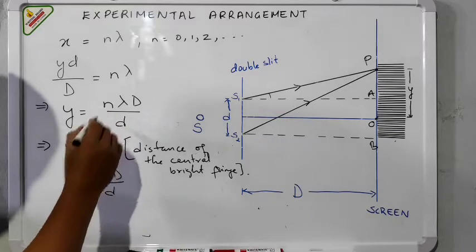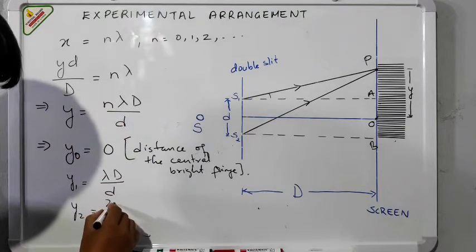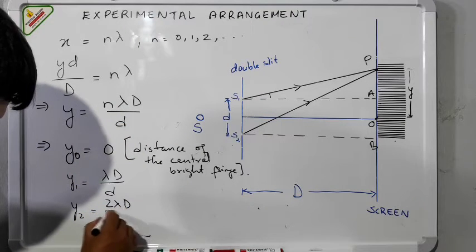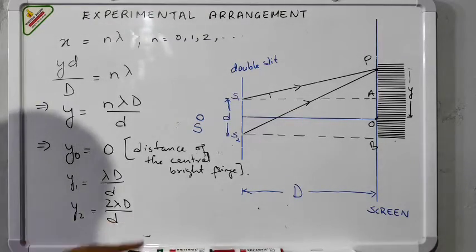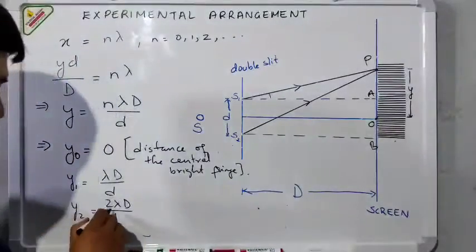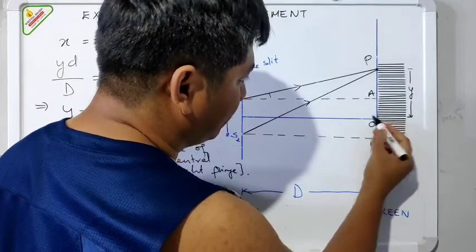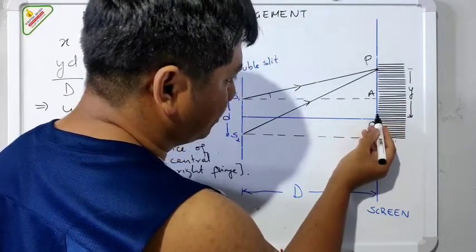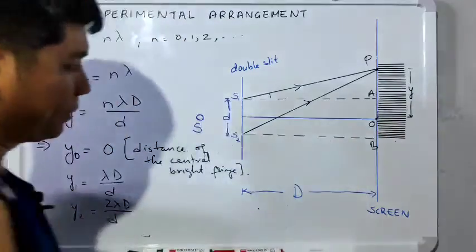Putting n equals 2, y2 is 2 lambda D by d. This will be the position of the center of the second bright fringe. This is first, this is second. It is this, O, P. P will be here.